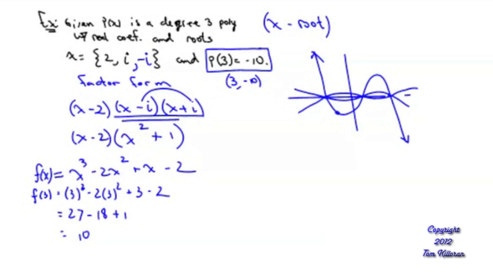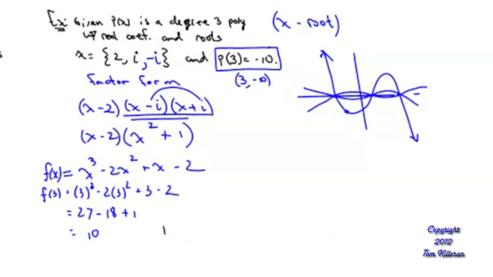So how do I change f of x so it relates to p? Make it negative. Change the entire thing to its opposite. So this answer is off by a negative, so p of x must be equal to negative 1 times x cubed minus 2x squared plus x minus 2. And that would be my final answer.